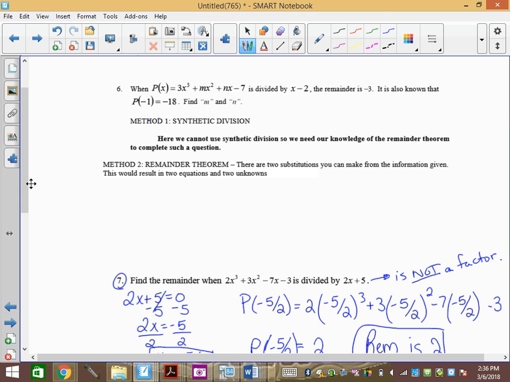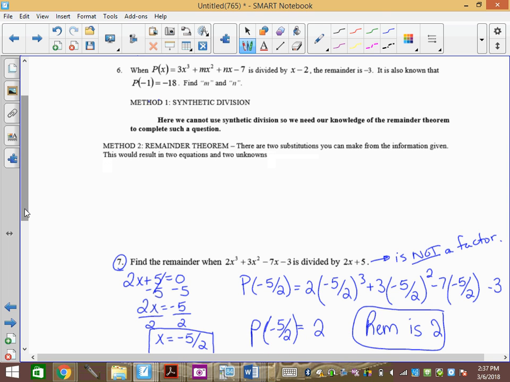So we have divided by x minus 2, the remainder is negative 3. So that means p of what equals negative 3? When divided by x minus 2, the remainder is negative 3. P of what? P of positive 2, because when we solve it out, we get positive 2.